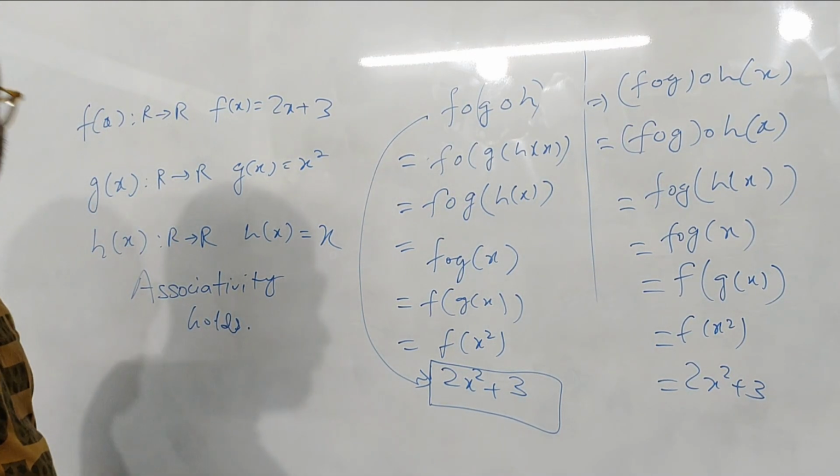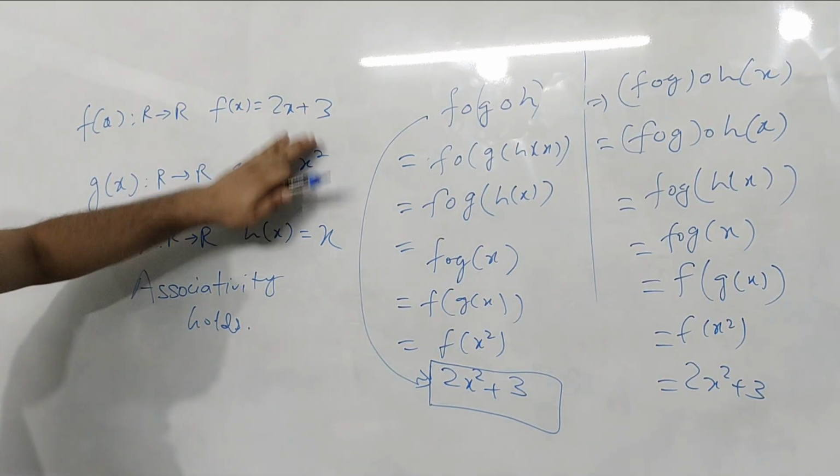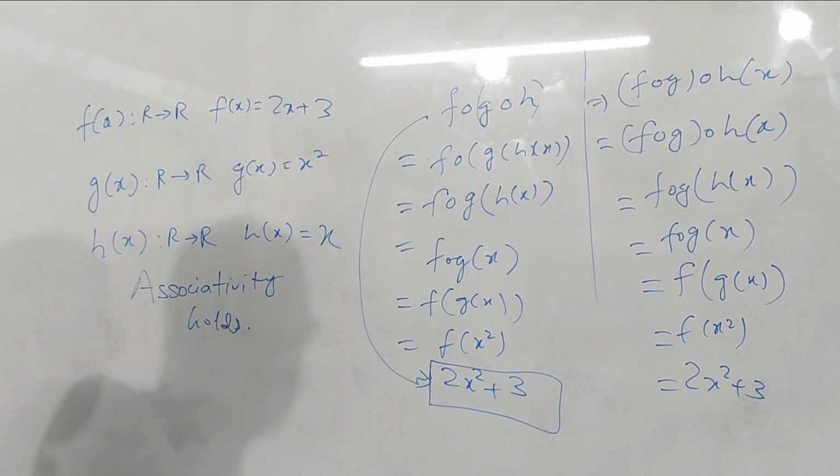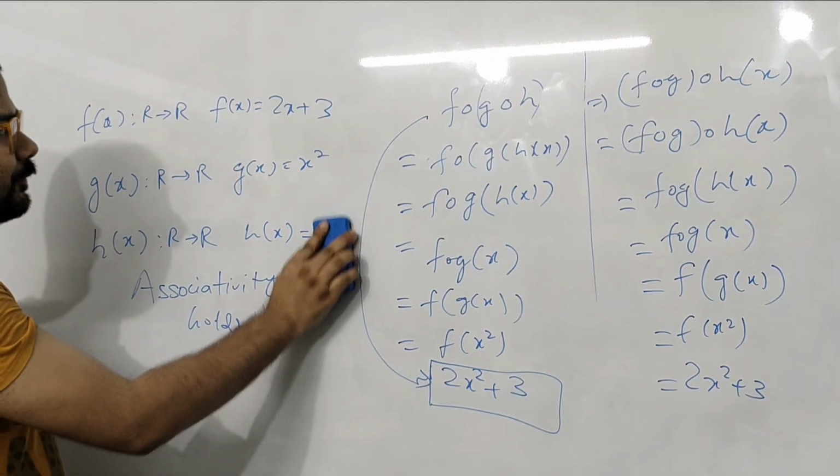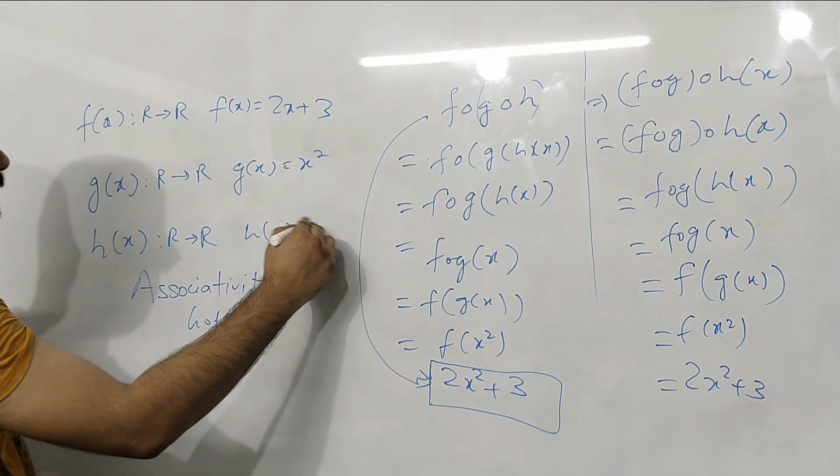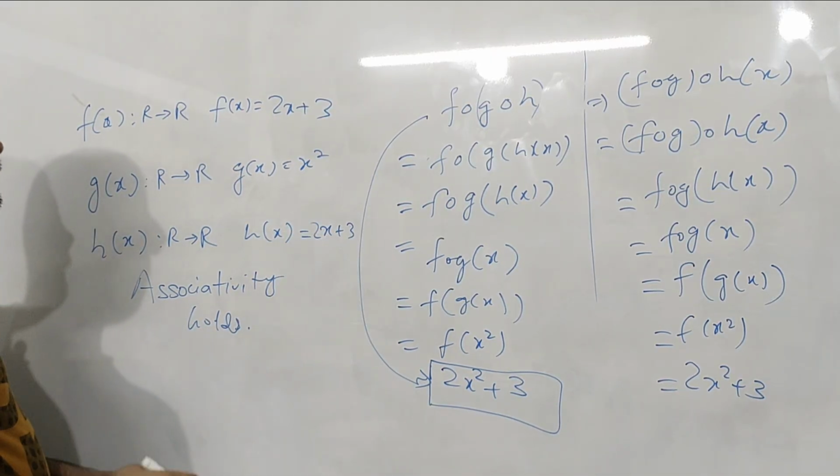Now, if you want to do it some other way, let's change the expression and see what the answer is. Let's say h of x is 2x plus 3 and f of x is x.